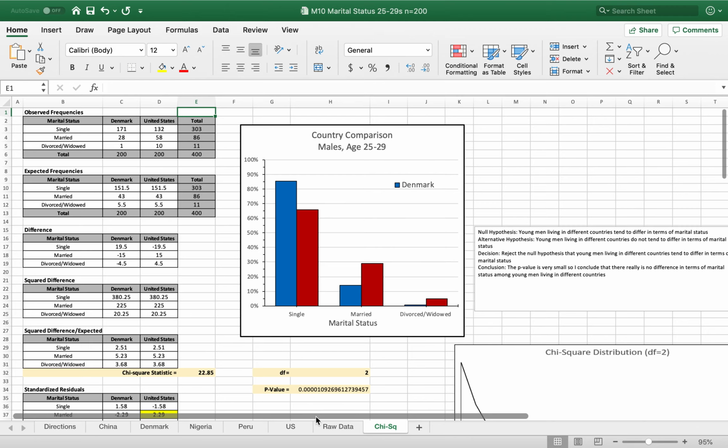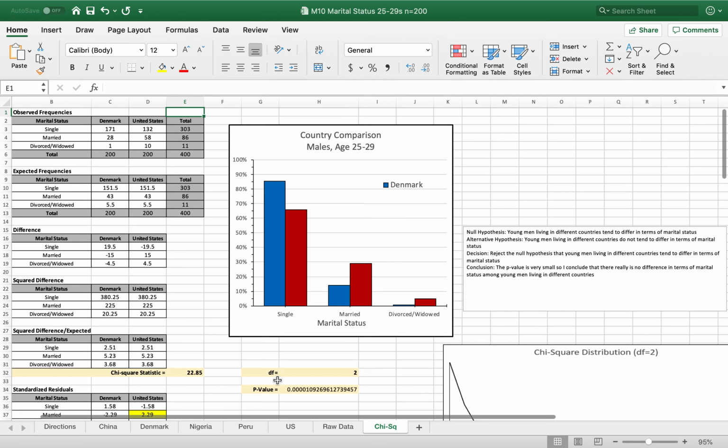Since we have 3 rows and 2 columns, we can subtract 3 minus 1 and multiply by 2 minus 1, and that gives us 2 for the degrees of freedom.